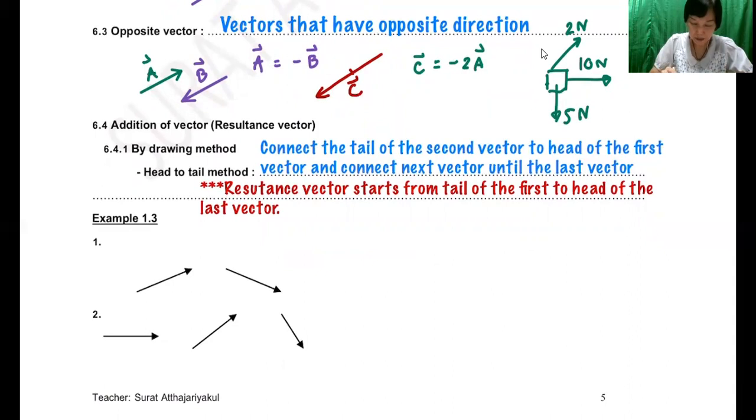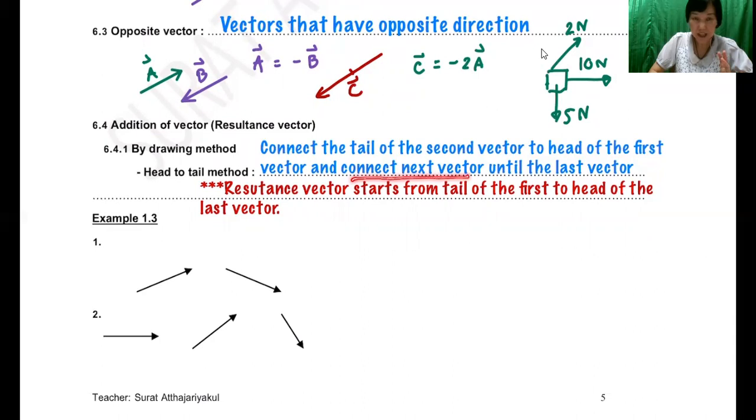Head to tail method, how to do it is first we have to connect the tail of the second vector to the head of the first vector. And then suppose we have three vectors, for the next step we have to connect the next vector. The next vector here means the third vector.